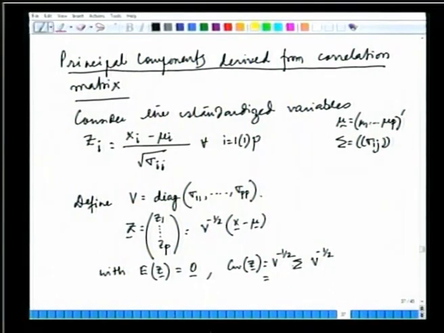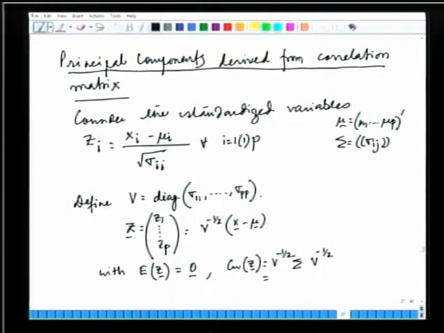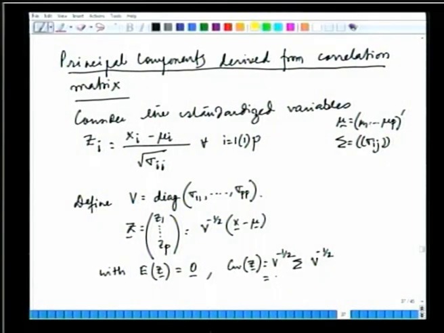If sigma is the variance covariance matrix, or the dispersion matrix, of x, the ijth element of the sigma matrix is getting multiplied by sigma ii raised to the power minus half on one side, and sigma jj raised to the power minus half on the other side. So, in effect, I am getting nothing but the correlation coefficients.